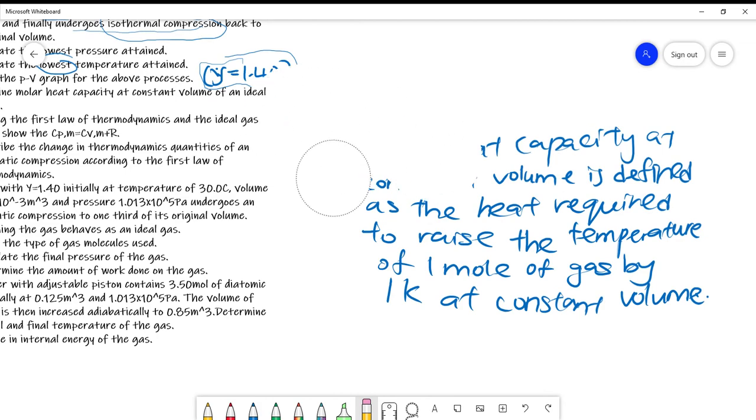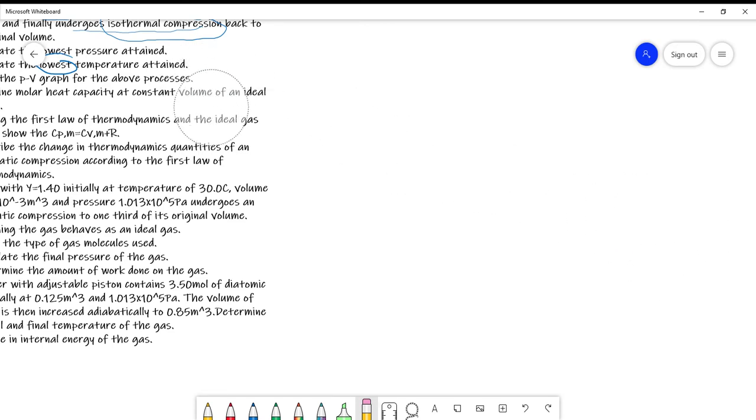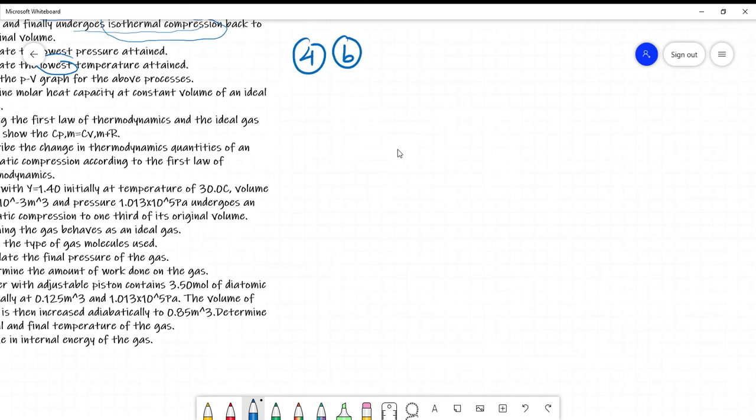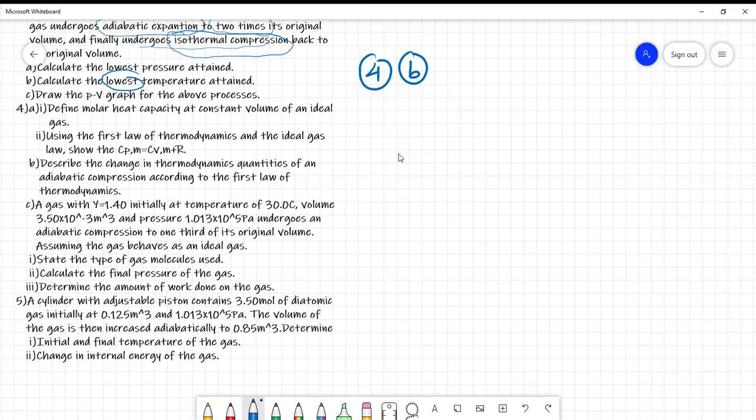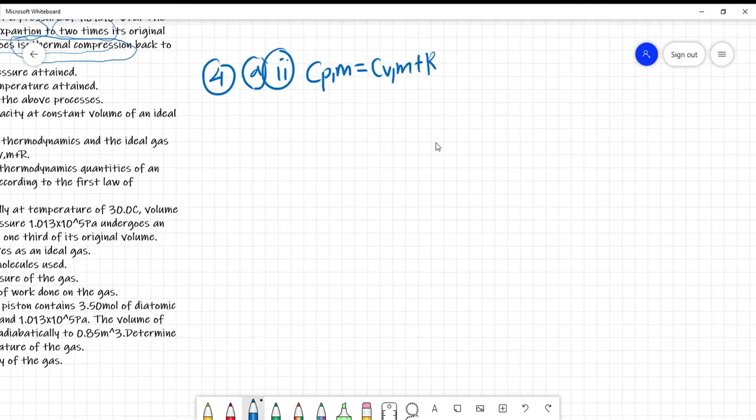This is part A still, with part 2. The equation that we need is actually this one.